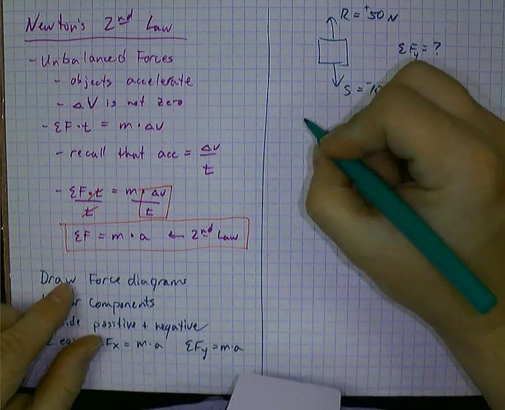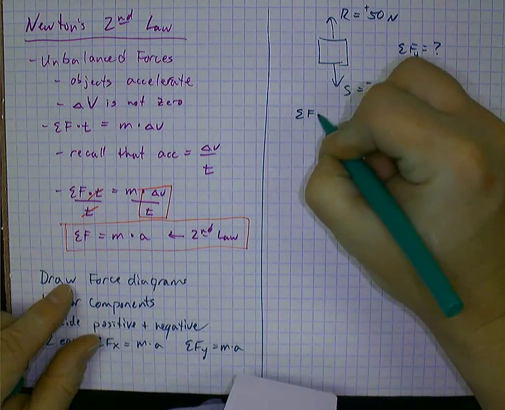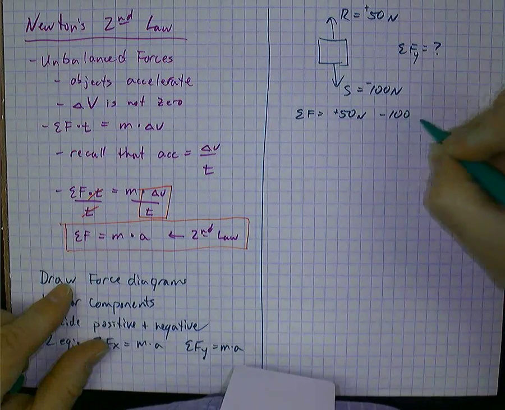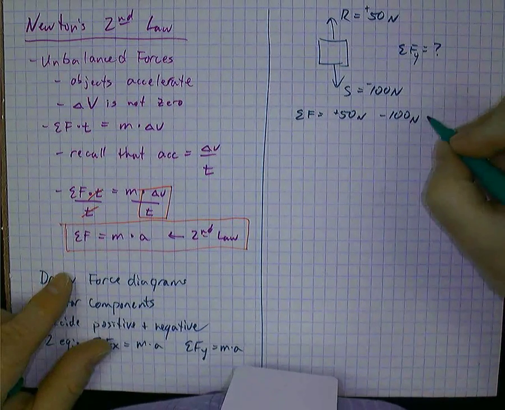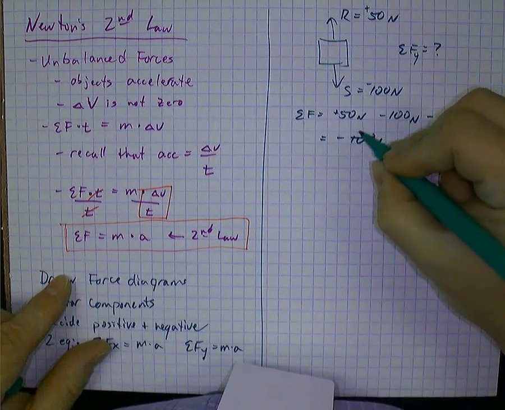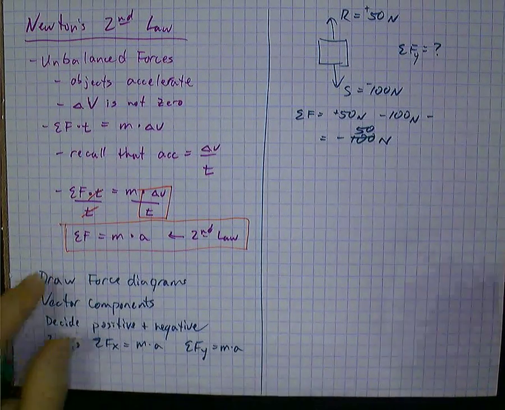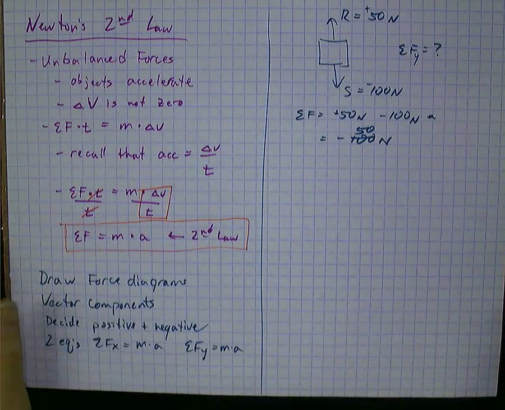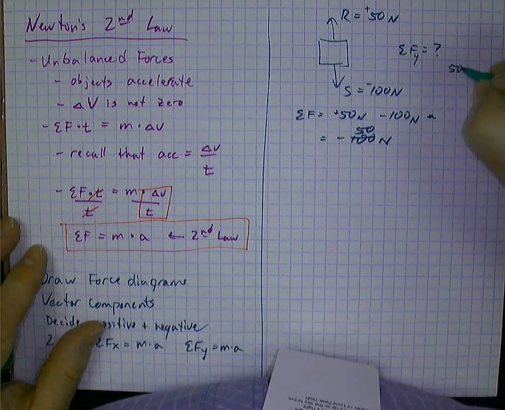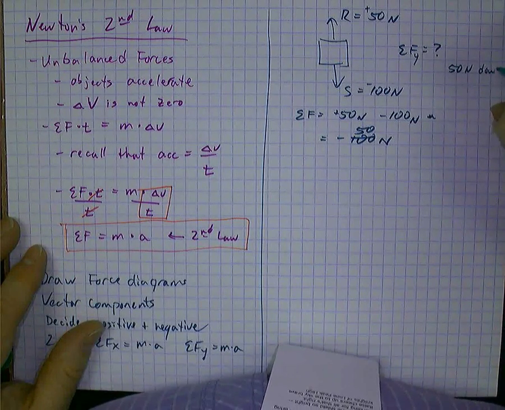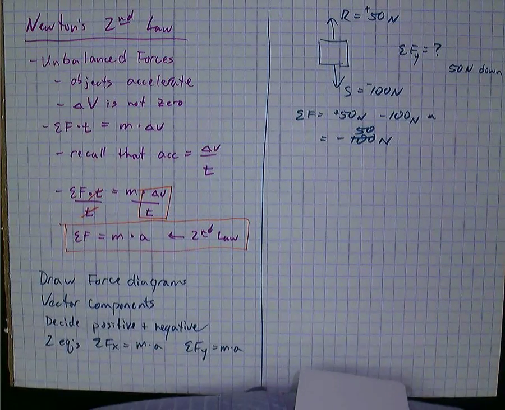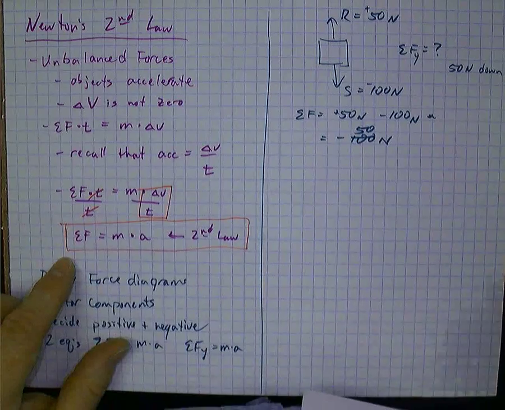When you add those together, net force would equal positive 50 newtons minus 100 newtons, and so the net force would equal negative 50 newtons, which means the net force is 50 newtons pointing downwards. It's what's left over. So net force is basically the remainder after you combine all the other forces that are acting on an object.